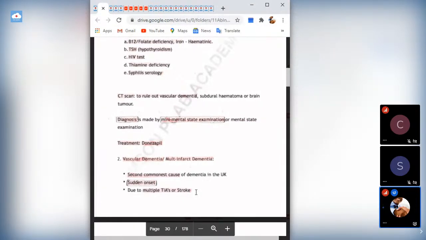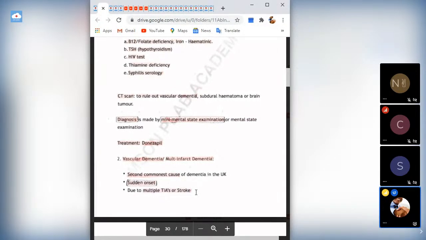If there's a tumor, if there's a space-occupying lesion anywhere, if there's a hematoma anywhere, because some of those things are strong differentials. Okay, so it's when you don't actually see any other cause that you now zoom in on dementia.